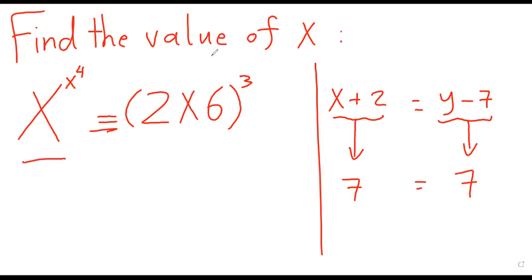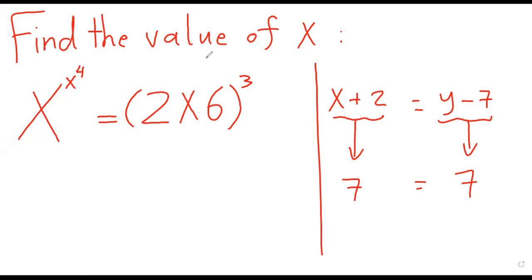X to the power of x to the power of y must equal the value of the right side, 2 times 6 all to the power of 3.